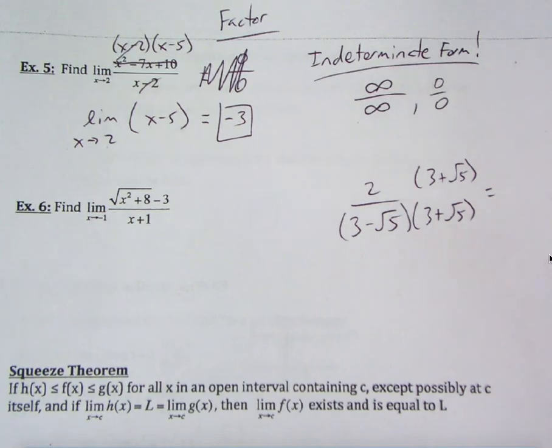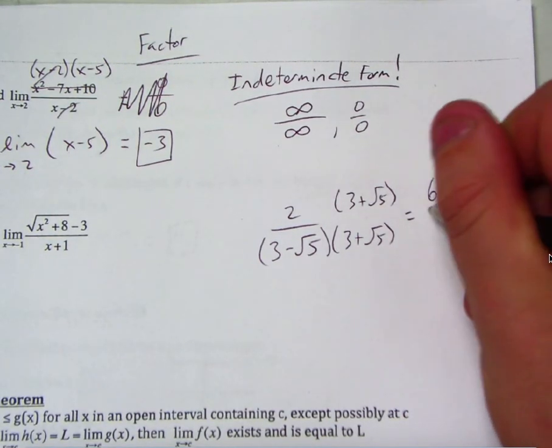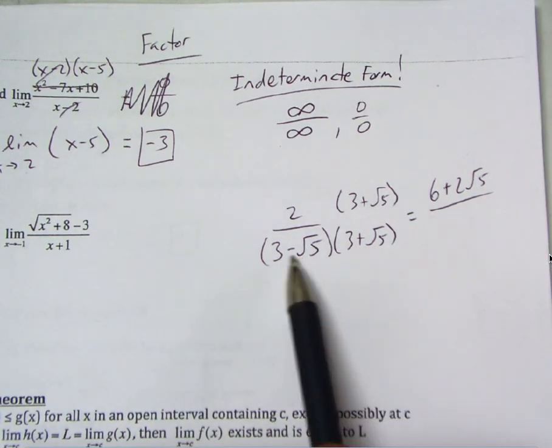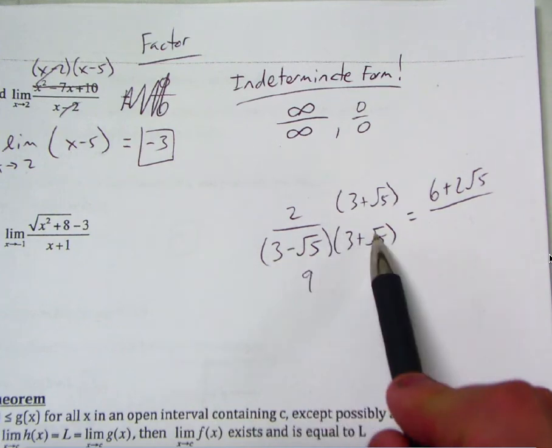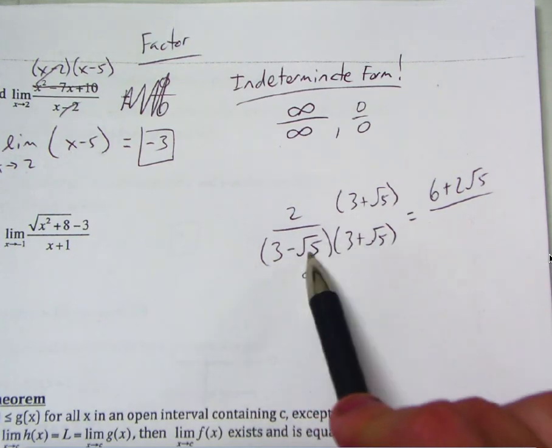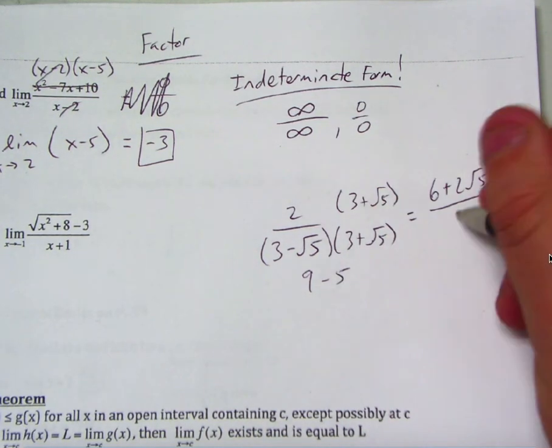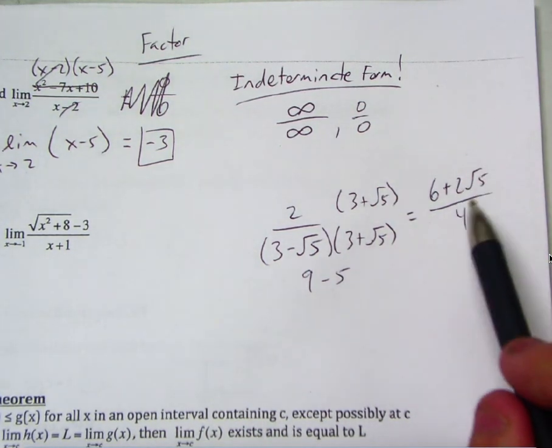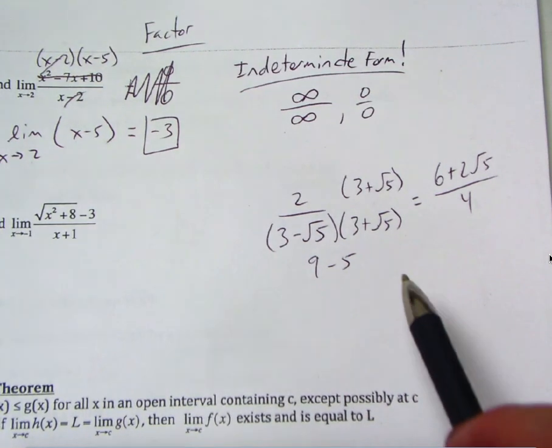So I'll keep going here just to refresh your memory. So you would get 6 plus 2 radical 5. And on bottom, we would distribute this out. So you would get 9, and then plus 3 radical 5, minus 3 radical 5. So those are going to cancel, and then minus 5. And so you get 4. And to keep going, you could divide these by 2 and simplify that more. But I'm just trying to get into the skill here.